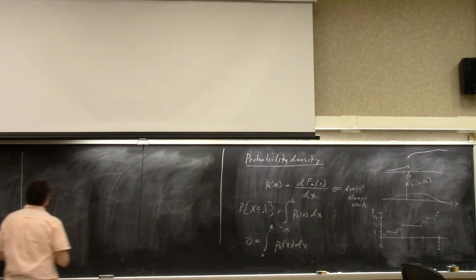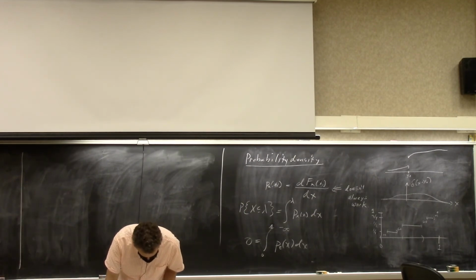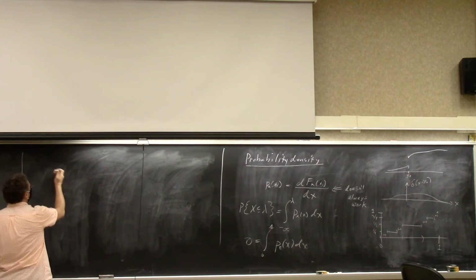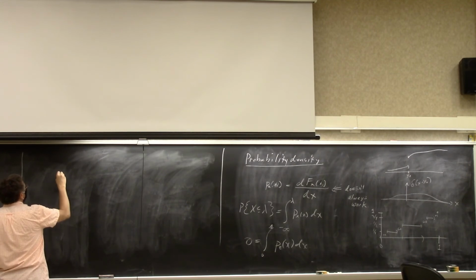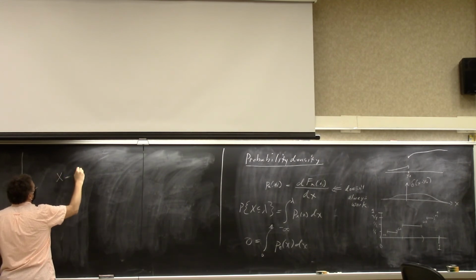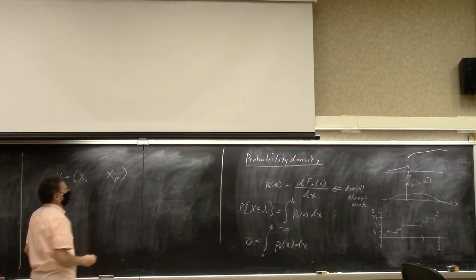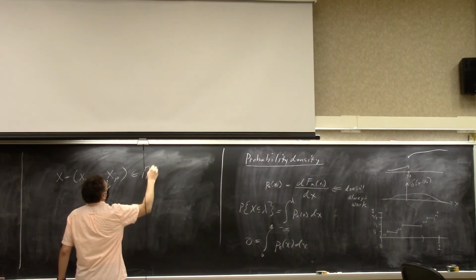We'll just assume there's a density, even though there isn't always a density. So x is like x1 through xp, a member of R to the p.